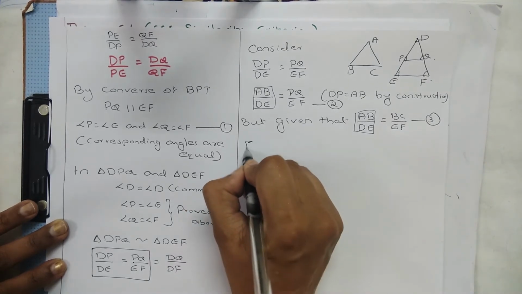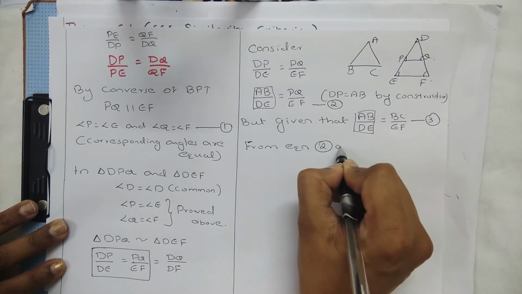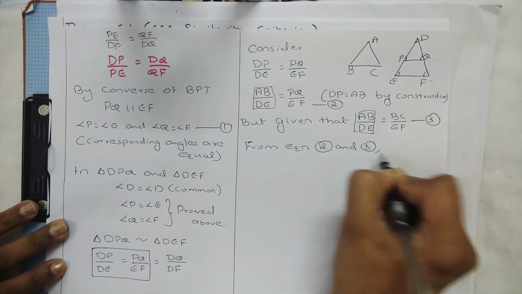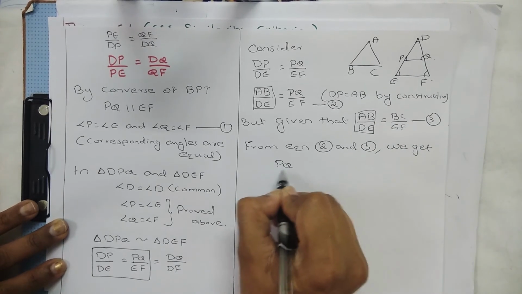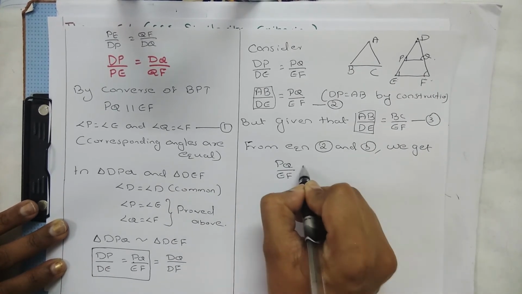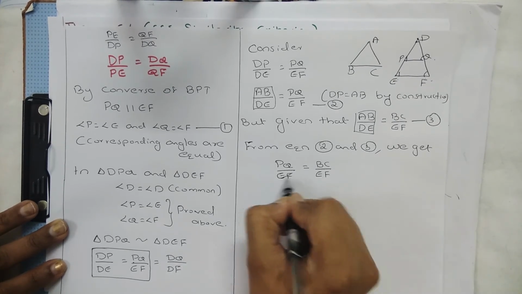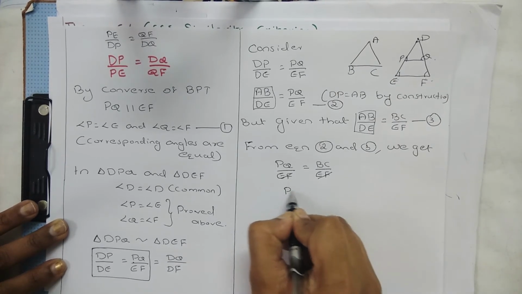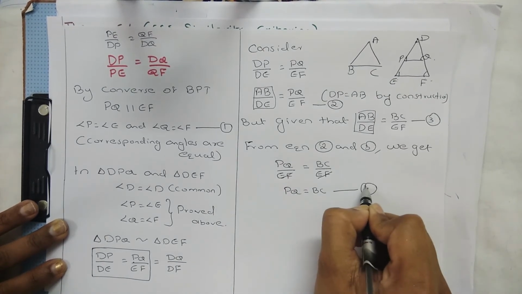Correct? So from equation 2 and 3, we get PQ divided by EF is equal to BC divided by EF. EF will be cancelled. You will get PQ is equal to BC, equation number 4.